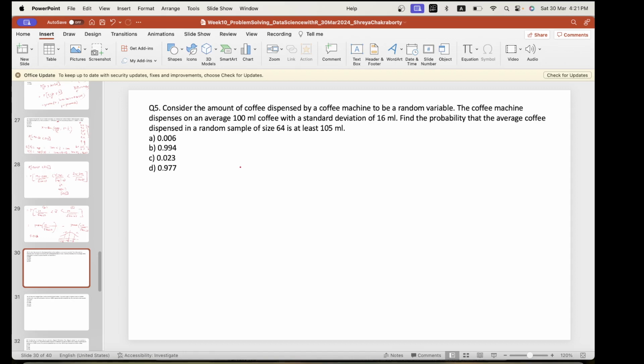Okay. So, let's say we consider the amount of coffee dispensed by a coffee machine to be a random variable.